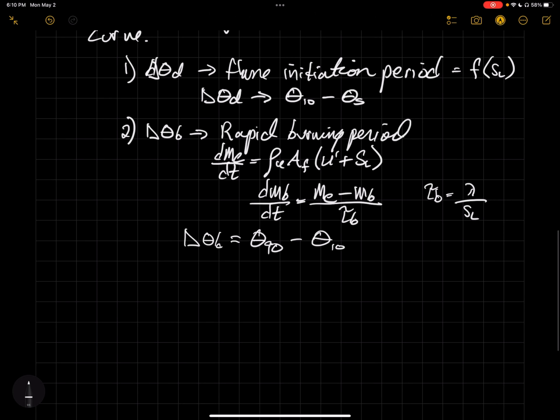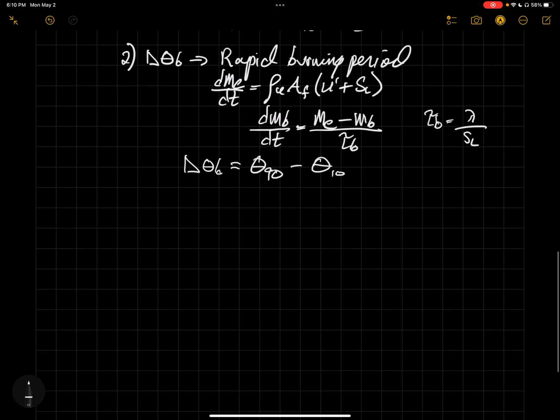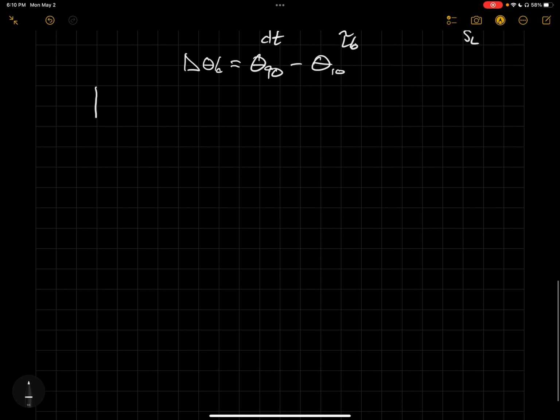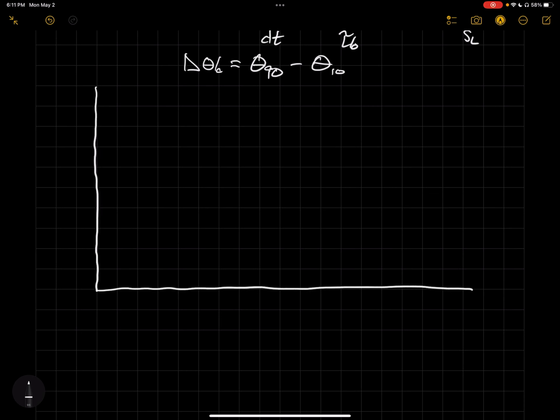So let's take all of this information and translate it to our mass fraction burn curve. Let's plot on the y-axis our mass fraction burned, so this would be MFB. And I'm going to mark on here 3 major elements, which we've already done in class. This would be our 10% mass fraction burned, this would be our 50% mass fraction burned, and say this would be our 90% mass fraction burned.